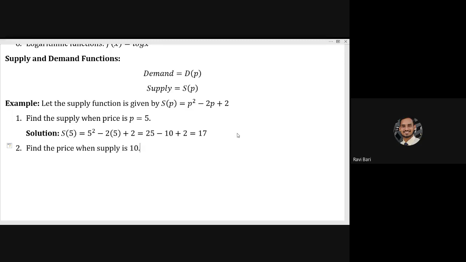That means in terms of mathematics, you have to find the pre-image of 10. So you have to find the pre-image of 10. Supply is given as 10, so you have to find what is the price.